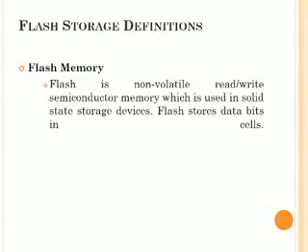It is quite similar to EEPROM. Flash is different from RAM because RAM is volatile, while flash memory is non-volatile, read-write semiconductor memory which is used in solid-state storage devices. Flash stores data bits in cells.